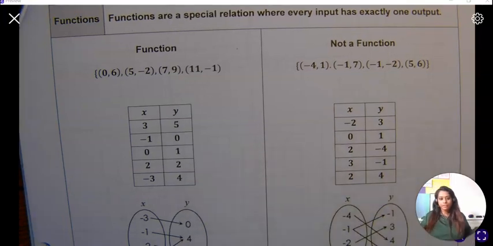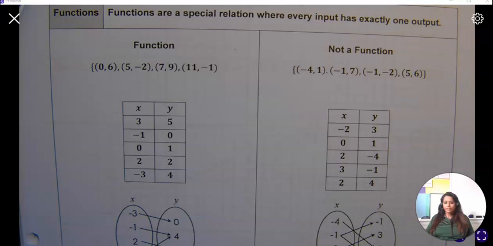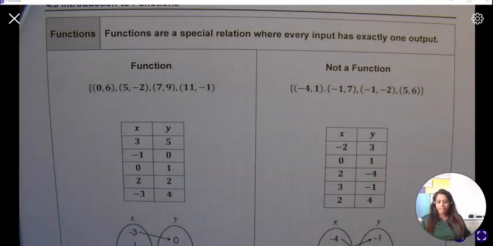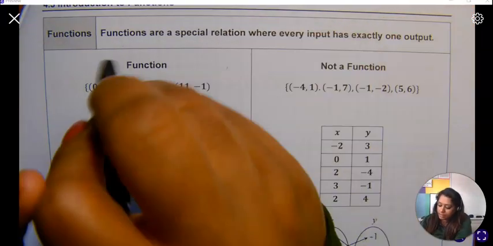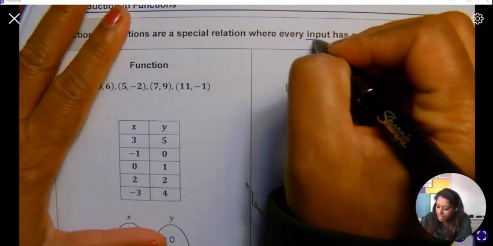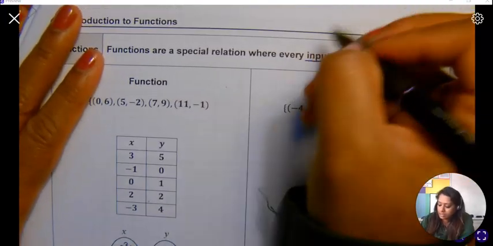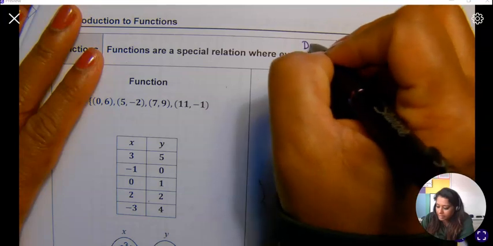So to check to see if it's a function, first of all, let me read the definition of a function. Functions are special relations, so a relationship between x and y, where every input has exactly one output. When we're looking at an input, we're looking at the domain, the x values.